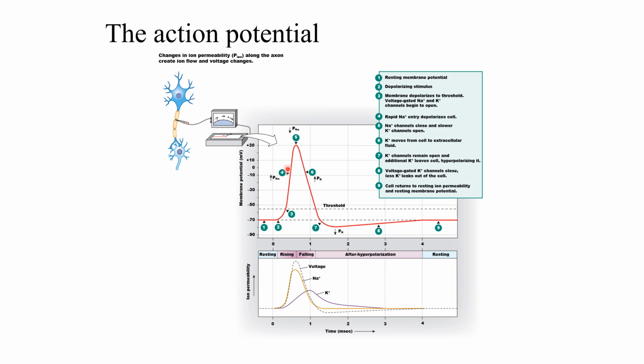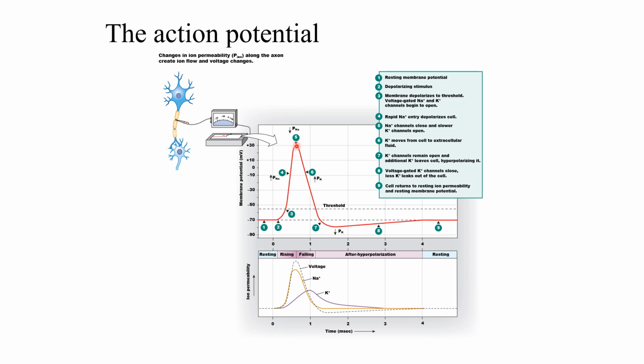So notice how that depolarization wave peaks, and the cell is going to keep depolarizing until we hit a positive 30 millivolts, and we refer to that as the rising phase. So that rising phase is due to a bunch of sodium ions entering from outside to the inside of the cell, and it's going to keep depolarizing until we hit the positive 30 millivolts.